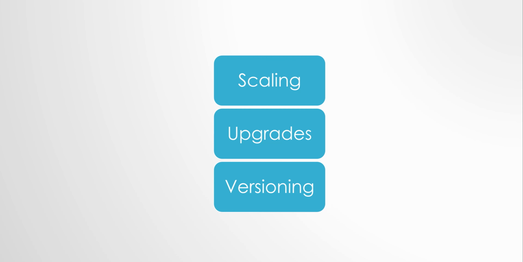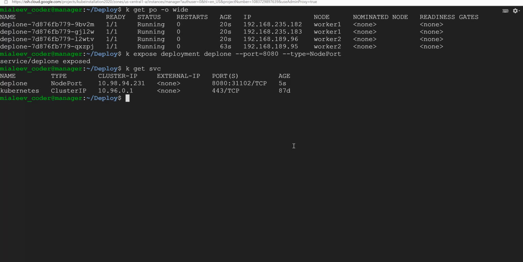The main advantage of using deployments to deploy an application is we can scale the application up and down very easily. At the same time, we can perform any upgrades on the application without bringing down the application, and we can also perform versioning. As of now, just know that deployment is an object which is used to create applications easily in Kubernetes. We have seen how to create a deployment and how to edit a deployment.